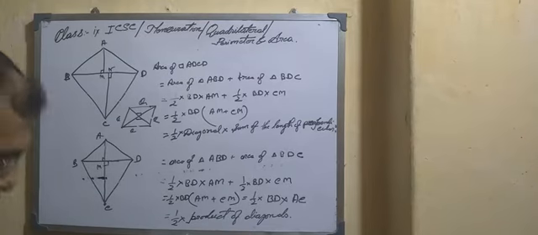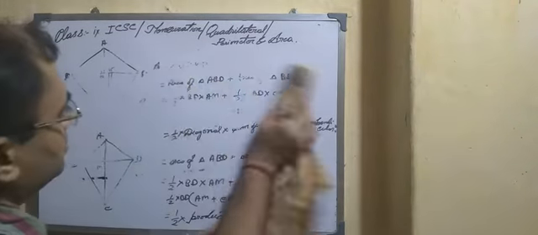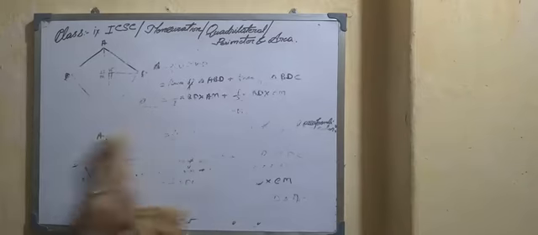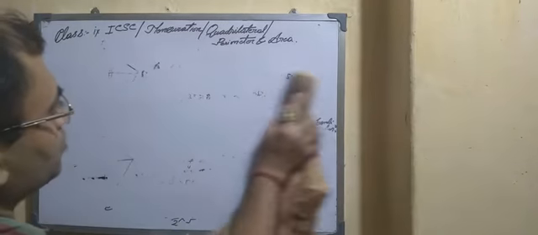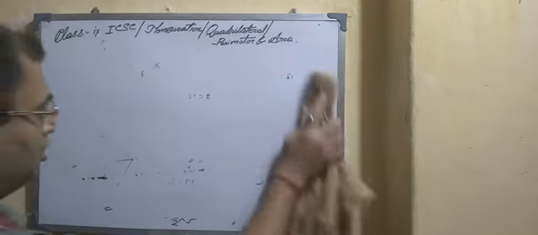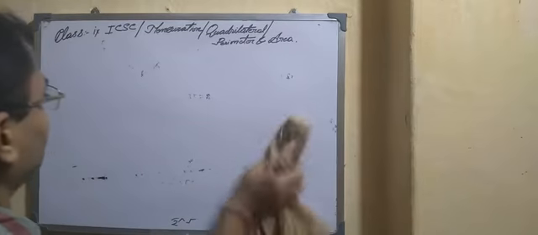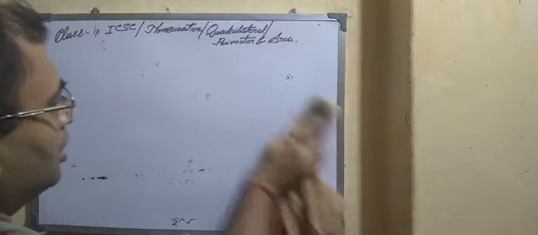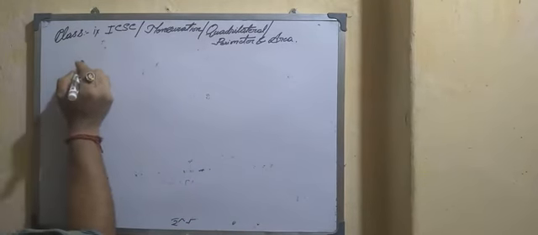So now we have two formulas. Now for some special cases we try to find the formula. Special cases means some types of quadrilaterals whose names we know.